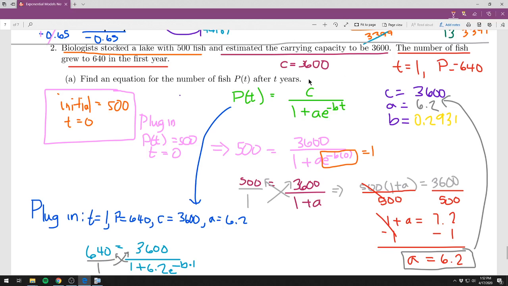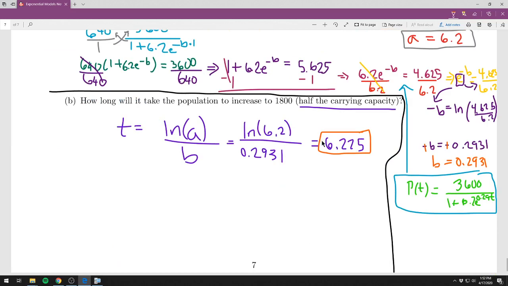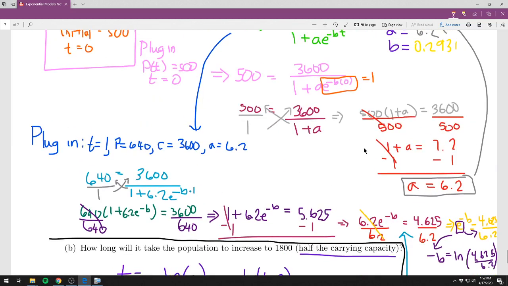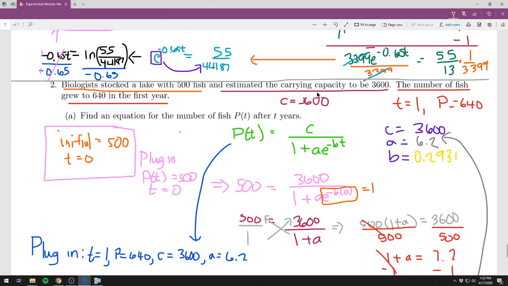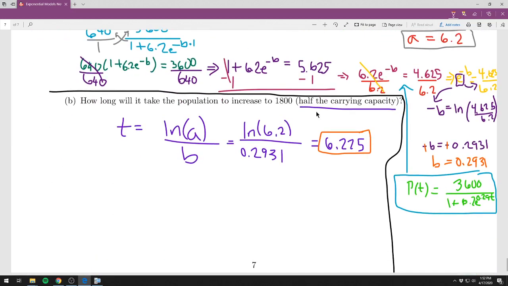So that's pretty much a natural reaction. But it will take a little more than 6 years for the population of the fish to get halfway there. So plenty of time. It grows pretty slowly. Right. But that is logistic models. Logistic models are very, very common in nature as well.